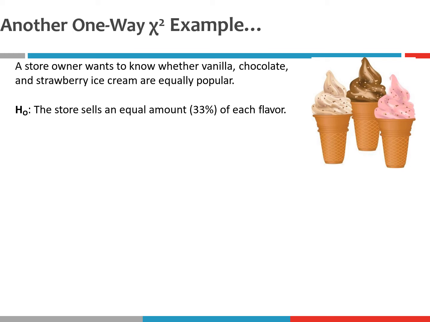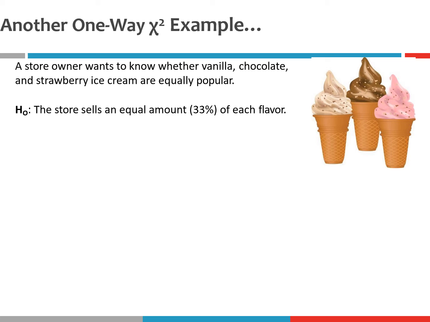Okay, so our null hypothesis, right, just like the previous example, is going to assert that they are equally popular, or that the observed percentages are the same for each level of the category, right?